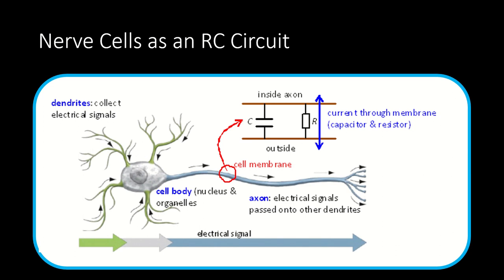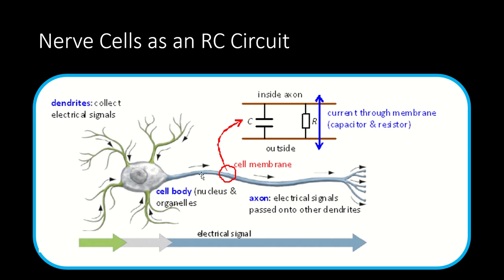The components of our nerve cell are the dendrites, which are the shorter regions that we use to collect electrical signals from other nerve cells. We have our cell body, which is just like a normal cell. It has a nucleus, it has organelles, it has the ability to function like a cell.